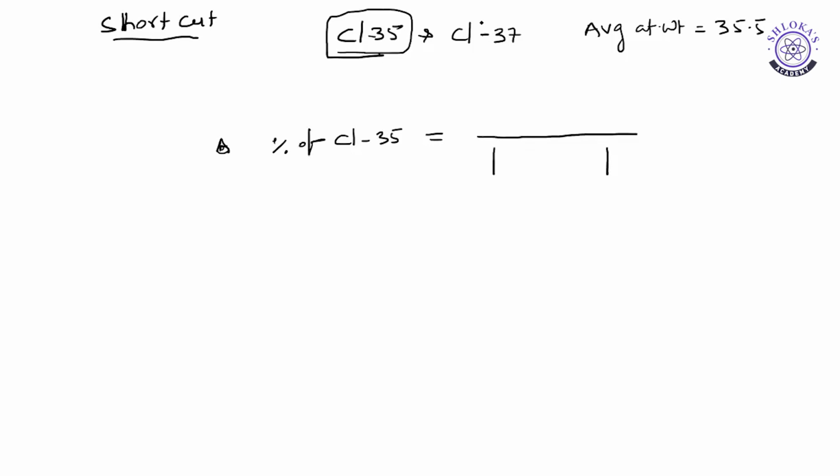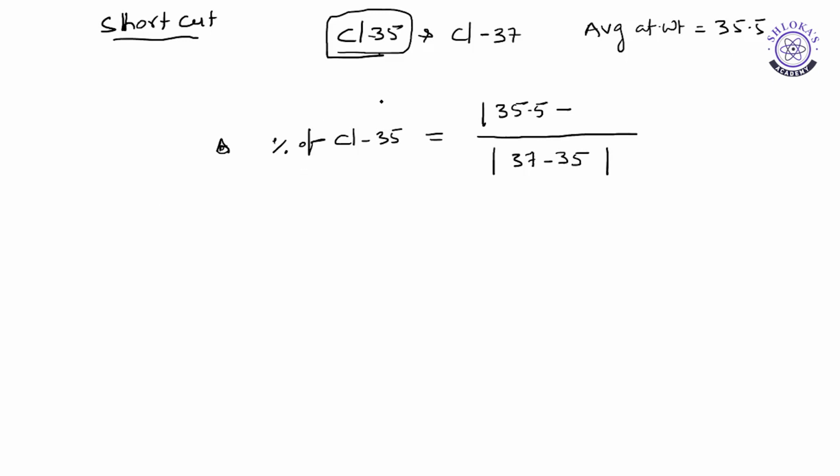So the difference of the atomic weights of the 2 isotopes is 37 minus 35. In the numerator, always take the average atomic weight, that is 35.5 minus.